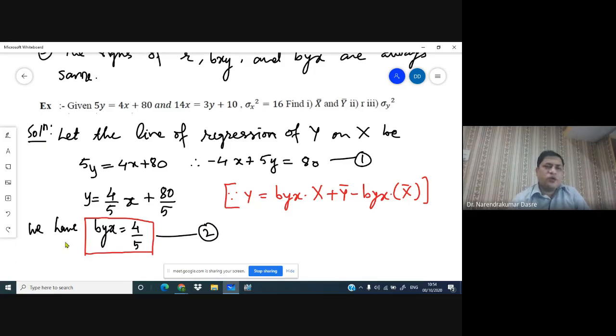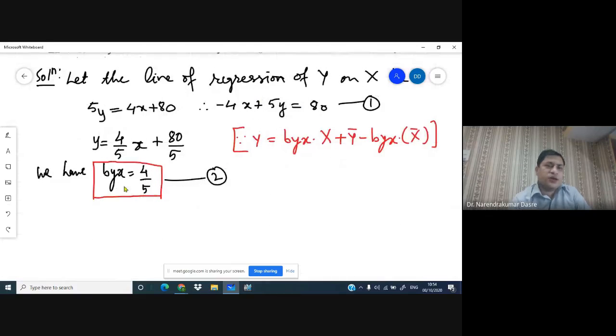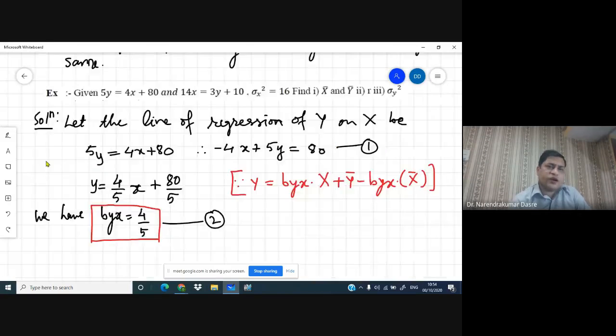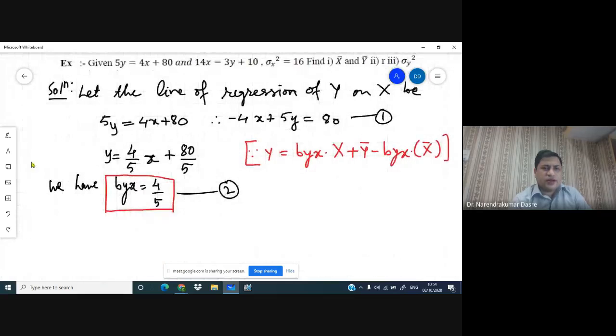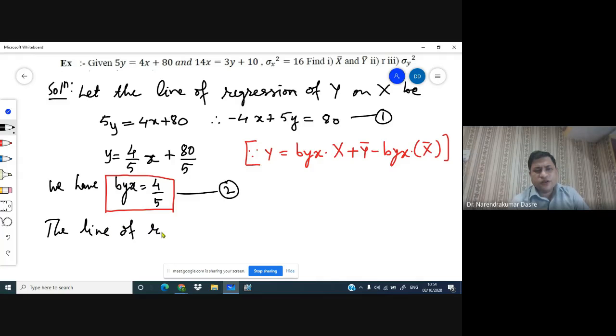Yeah. Now, once we have equation 1 and equation 2, we have to find out what is bxy, because we got byx now. So from this line of regression, we have to get that, and hence we write the line of regression of x on y.